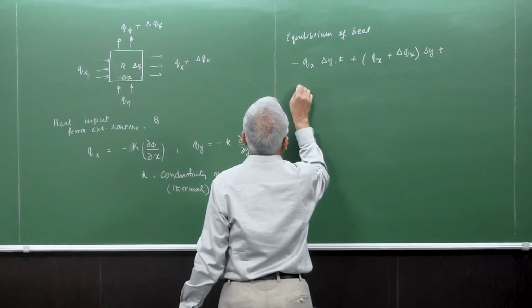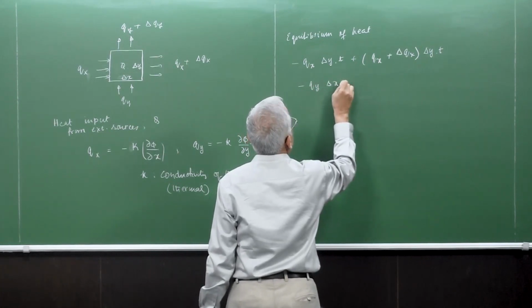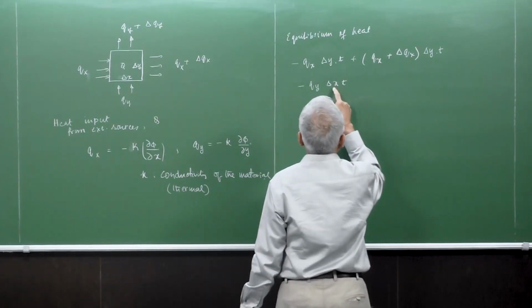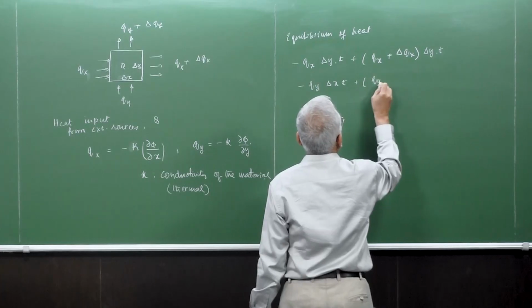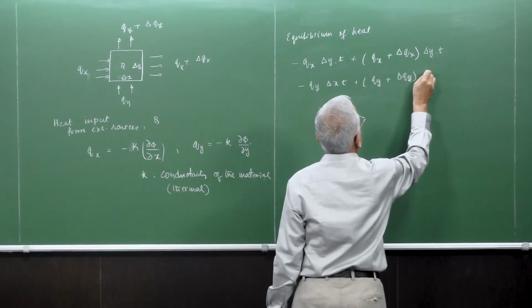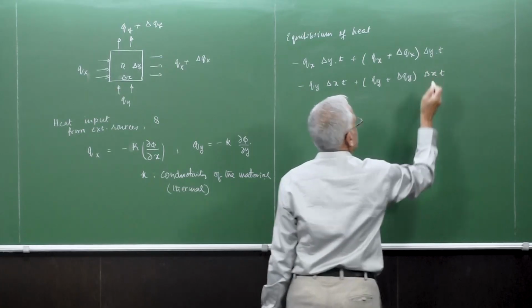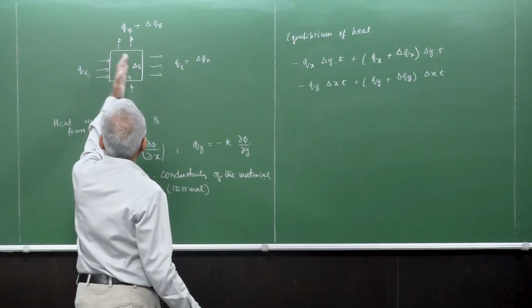And similarly in the y direction, we have Qy delta x times T with a negative sign. So this is as far as the heat going through the interfaces.